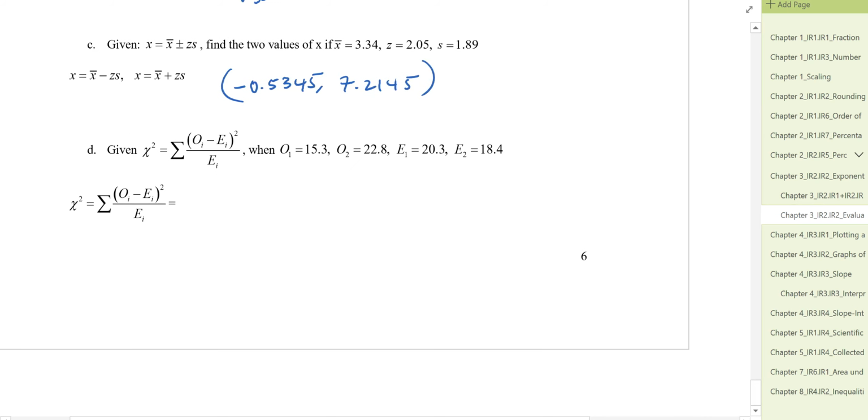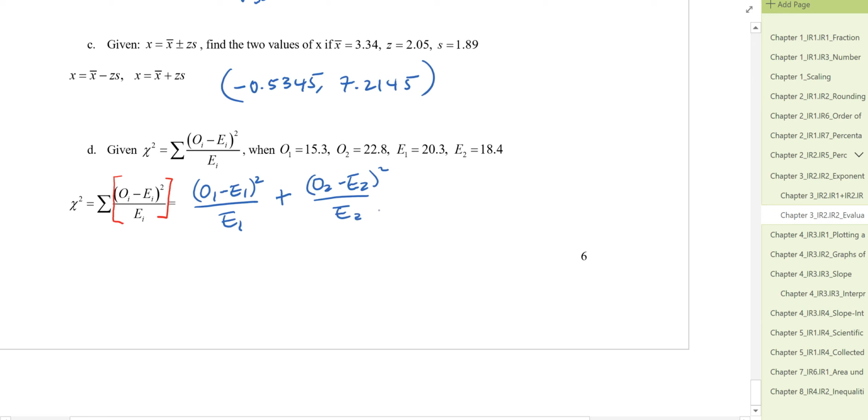Let me do the first step, I'm going to substitute in. Notice that this summation notation is applied to the whole thing. It's not to the numerator, not to the denominator, but to the whole thing. So when I expand it, I'll write it as O1 minus E1 quantity squared over E1, plus O2 minus E2 quantity squared over E2.